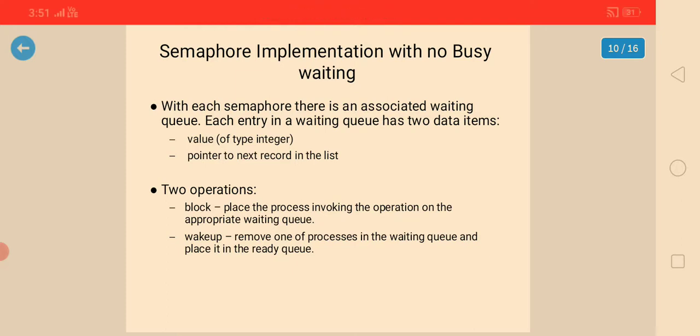The two operations: block places the process invoking the operation on the appropriate waiting queue.